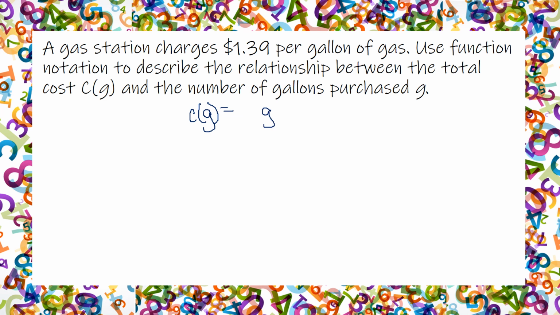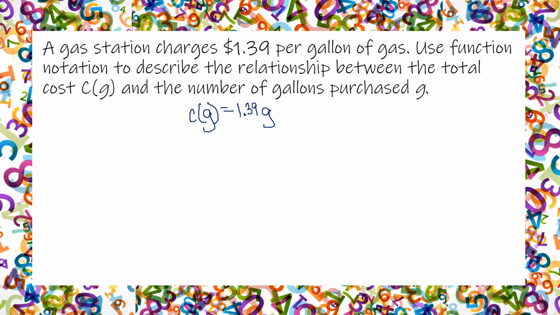That could be 10 gallons, that could be 4,000 gallons, it could be 1 gallon. But how much does it cost for each gallon of gas? Well, each gallon is $1.39. So I'm going to multiply the number of gallons by $1.39.